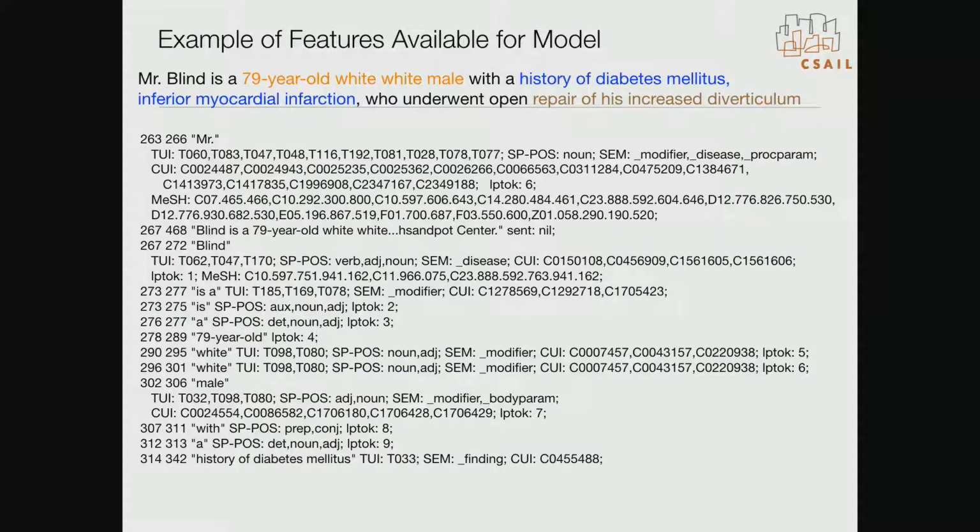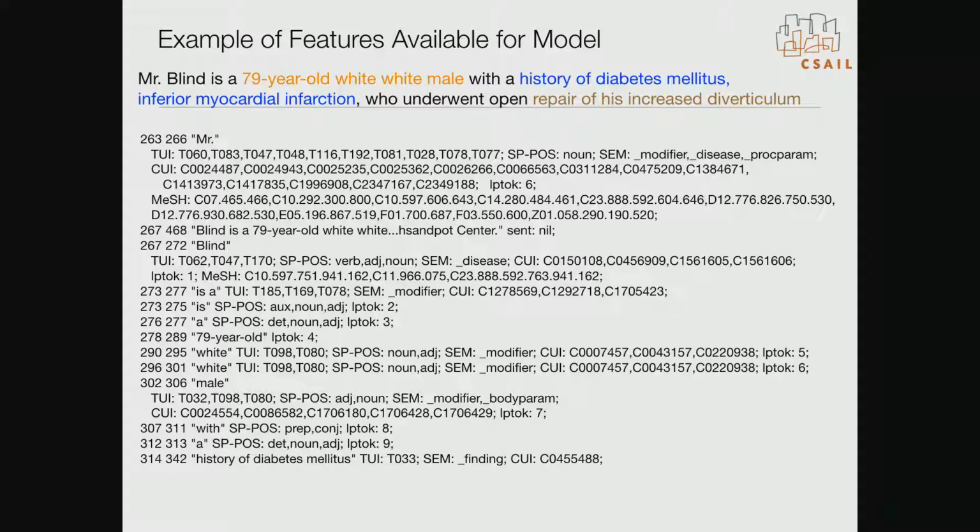And so if you look at what we did, here is the text, Mr., and here are all the ways that you can look it up in the UMLS. It turns out to be very ambiguous. MR stands not only for Mr., but it also stands for magnetic resonance, and it stands for a whole bunch of other things. And so you get huge amounts of ambiguity.